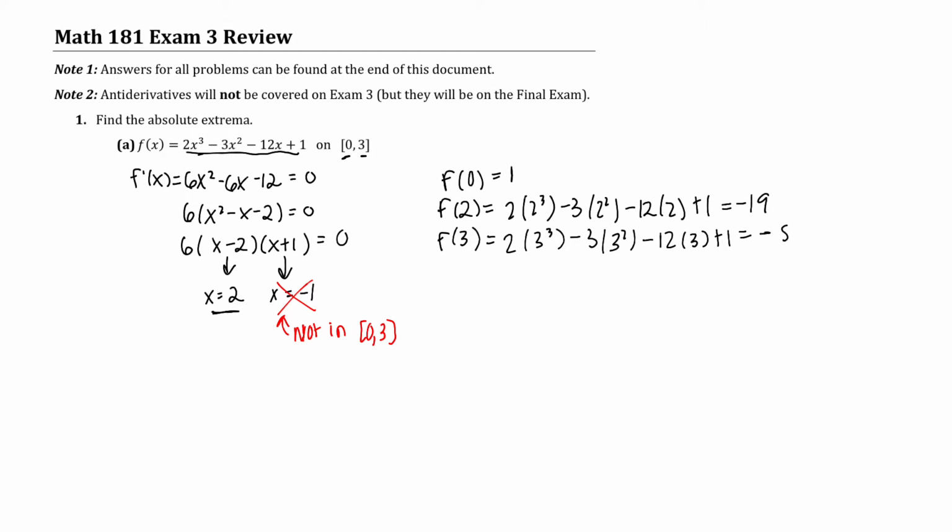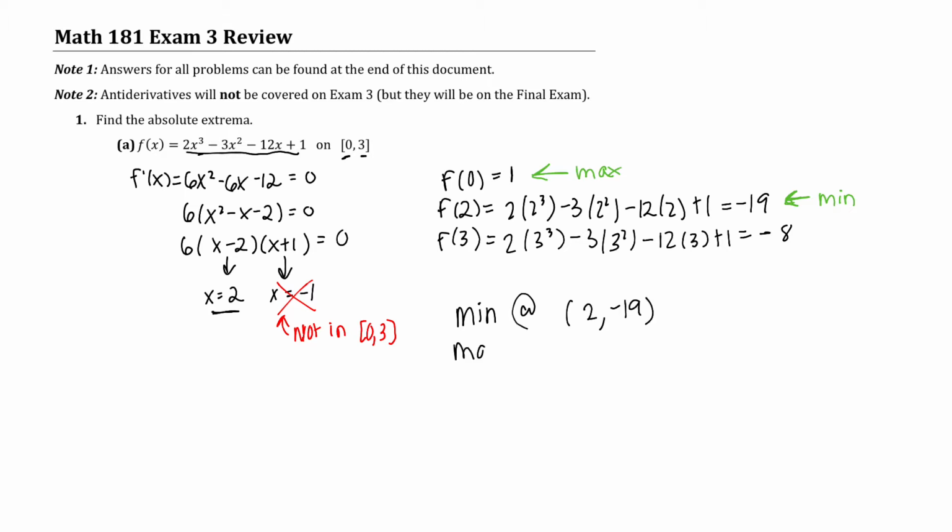I'm getting negative 8. So the smallest one of these will be our absolute min. The biggest one will be our absolute max. So our smallest one here is this guy. So we have a minimum at, the coordinate point, not 0, the minimum's at 2. Min's at 2, negative 19.